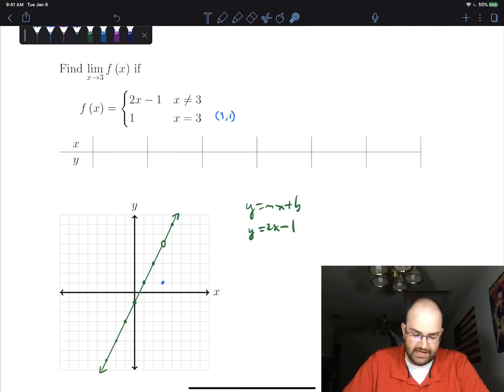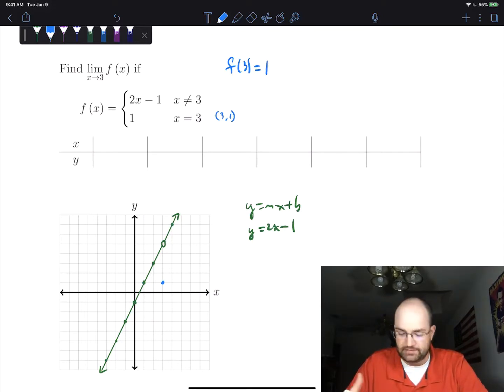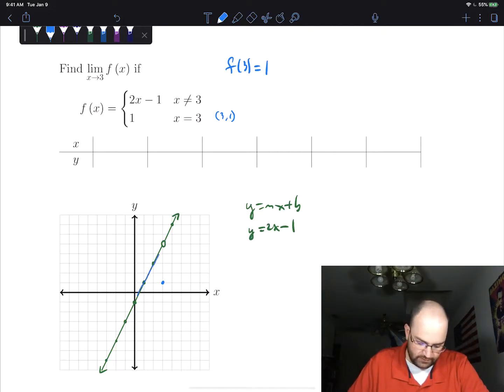Now notice that f of 3 is equal to 1. Okay, that's important, but that's not the limit necessarily. In this case, the limit will be whatever it is as it's approaching here, and then here as well. Well, actually, both of those.